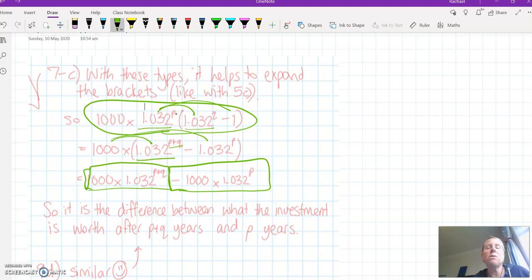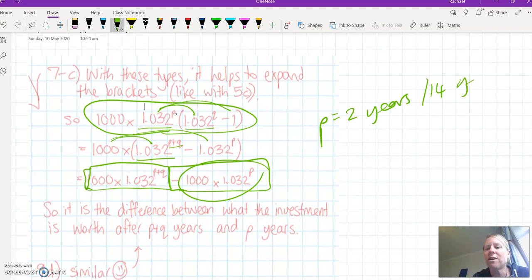When we've got minusing going on, remember that can also mean difference. It is the difference between two things. In this situation, it's the difference between this time here, which is P, and it could be 2 years or 14 years or whatever, and this other time period, which is P plus Q. In other words, you've started at this time and then added on some more years.